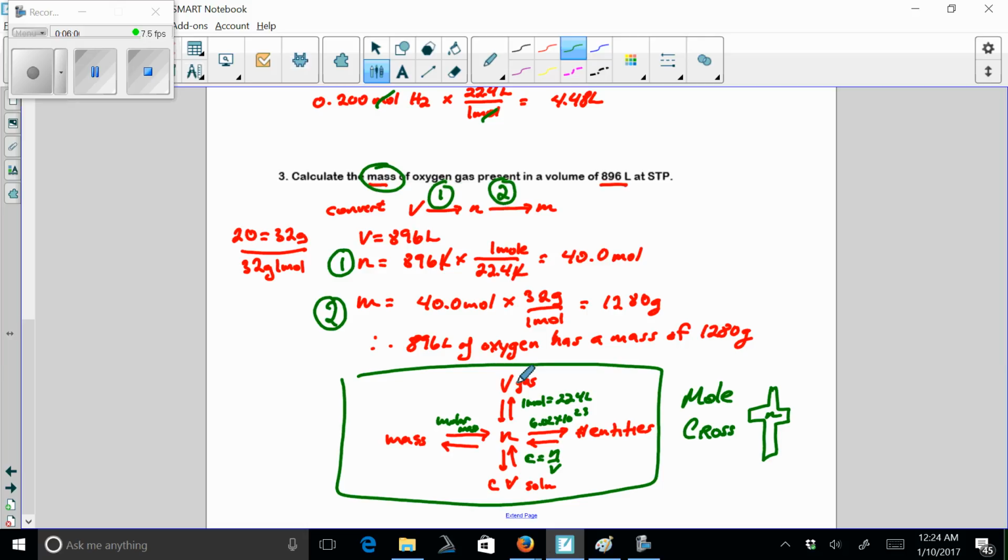We can also use this relationship with volume: 1 mole is equal to 22.4 liters. And the one we did last unit was the molar concentration equation, with the number of moles per liter to figure out concentration or volume.